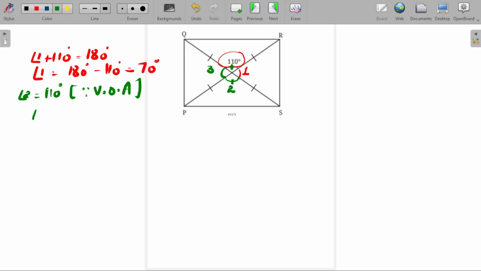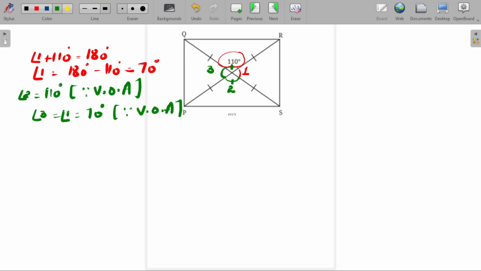Angle number 3 will be equal to angle number 1, which is 70 degrees. Again, vertical opposite angles. Yeah, we are now done with these angles. Fine. Now just take any one of the triangles.